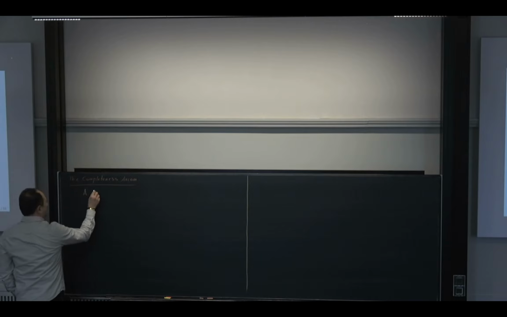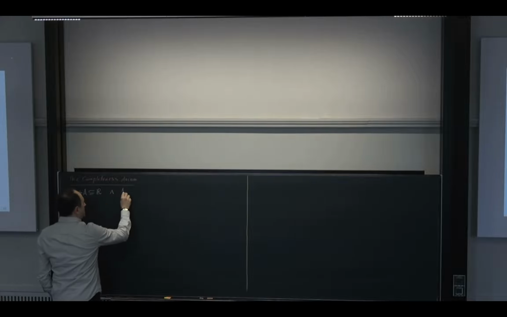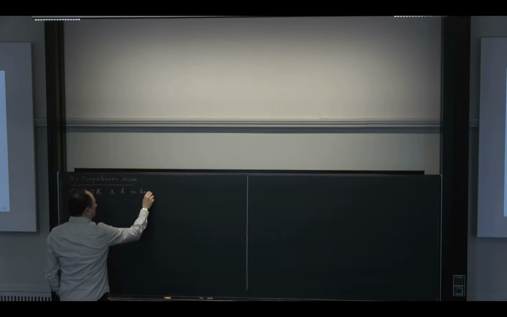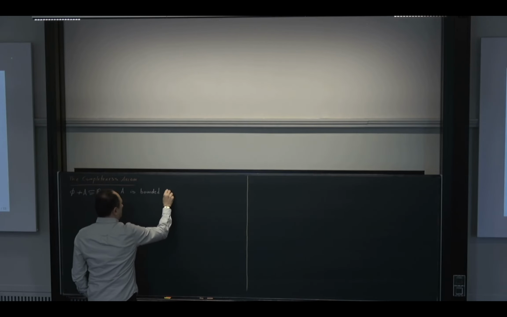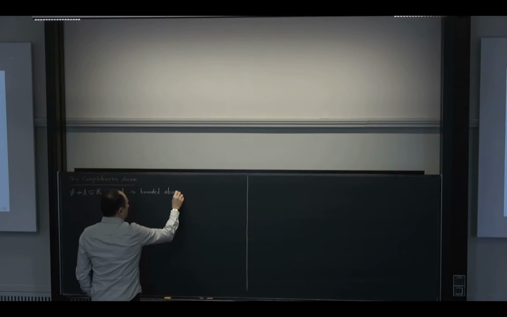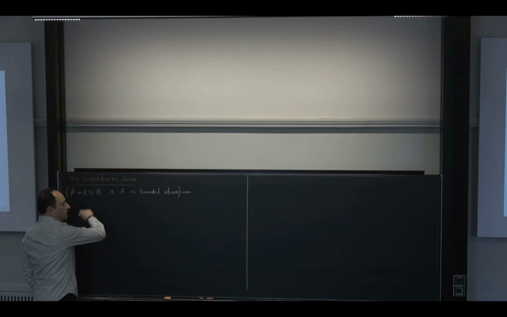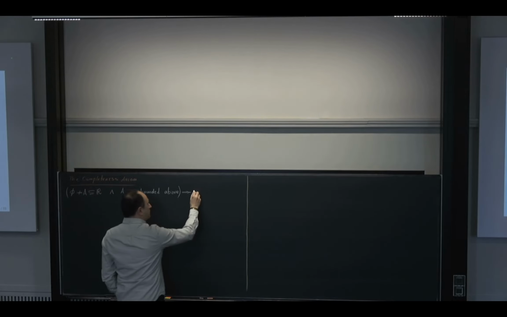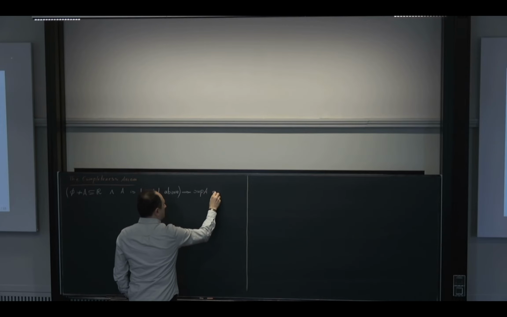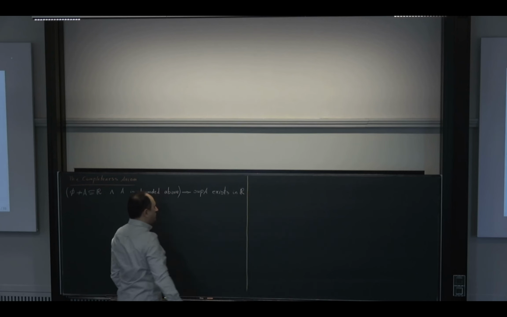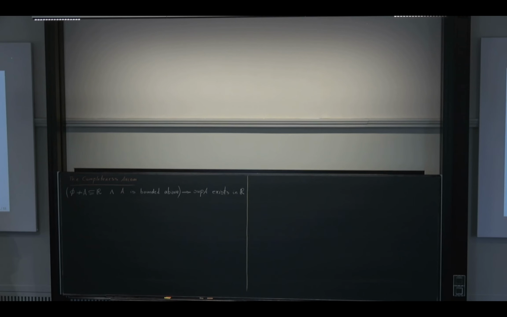If you have a set A which you know is a subset of the real numbers, and it is granted that it is not the empty set, and you also know that A is bounded above, then from these two, you can conclude that it is guaranteed that this A has a supremum within the set R. So you don't need to extend R. The supremum of A exists in R. So this is an axiom we accept here, and then we try to explore its consequences.